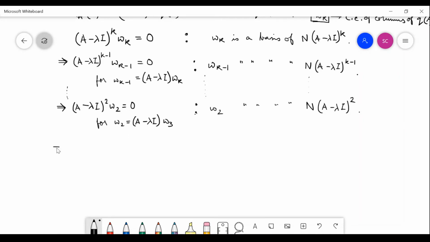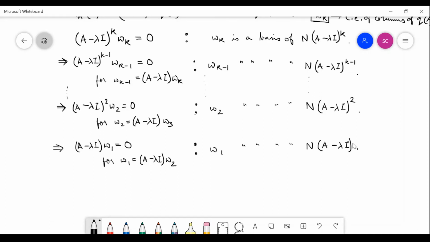In the next step, I will get A minus lambda I omega 1 equal to 0, for omega 1 equal to A minus lambda I omega 2, and omega 1 is a basis of the null space of A minus lambda I.